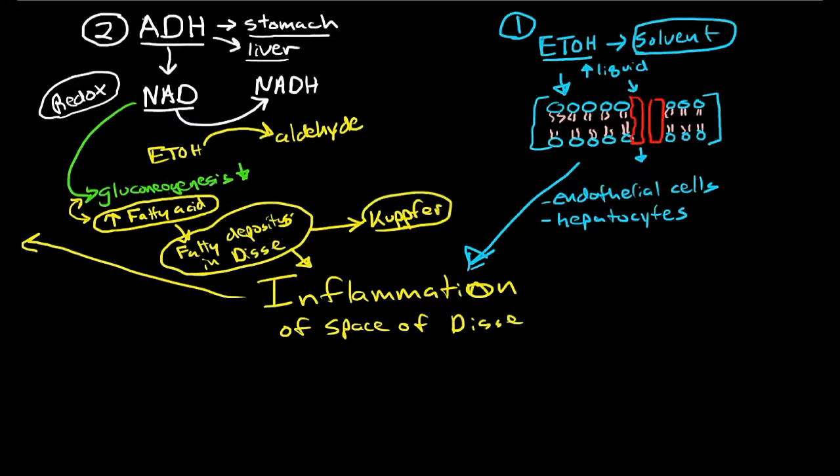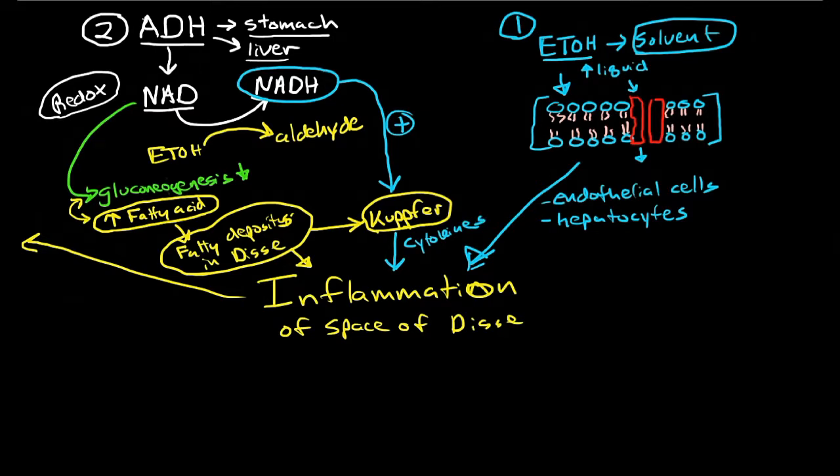Now, Kupffer cells, remember, these are the macrophages, so these are immunologic cells that are capable of initiating an inflammatory response. Kupffer cells themselves are stimulated by high concentrations of NADH to initiate inflammation via cytokines.